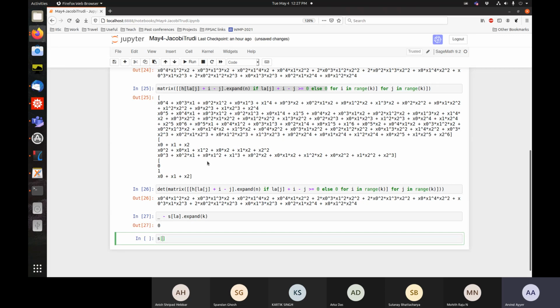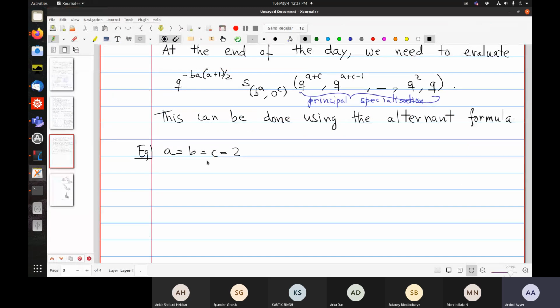What we want is then s of 2 2, so q to the what? q to the minus 2 times 2 times 3 by 2, so minus 6, times s of 2 2 evaluated at, now we have 4 variables. So a plus c is 4, so you want q to the 4, q cubed, q squared, q.